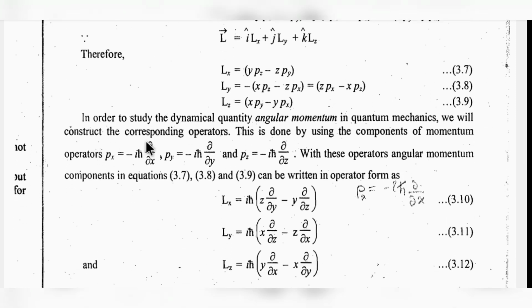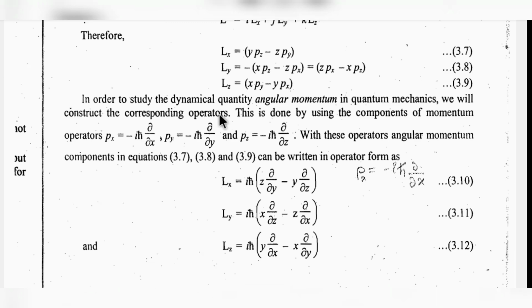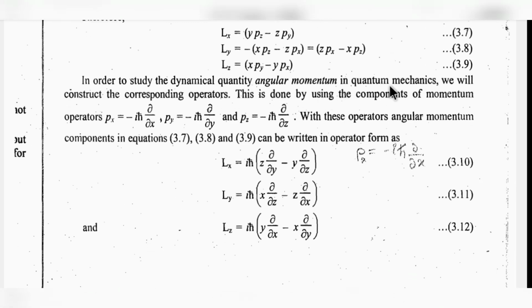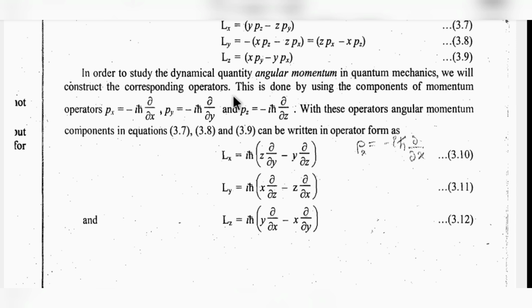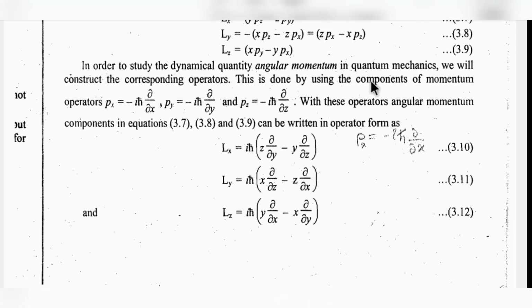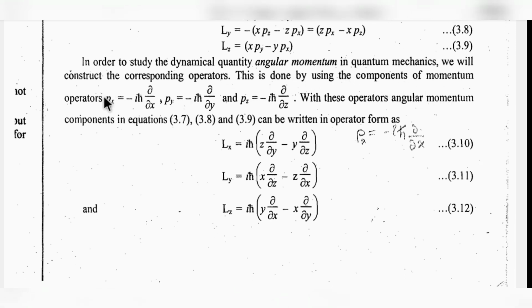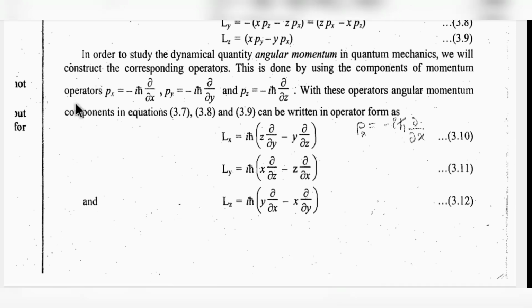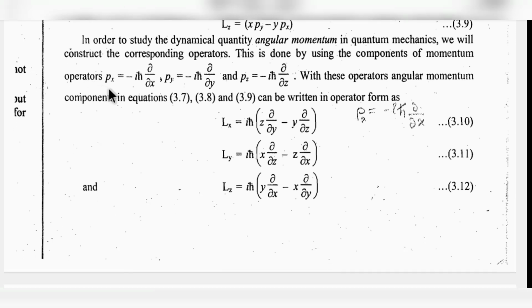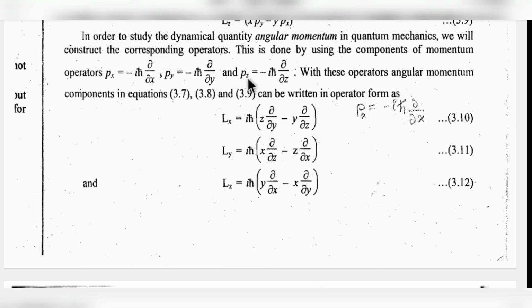In order to study the dynamical quantity angular momentum in quantum mechanics, we will construct the corresponding operators. This is done by using the components of momentum operators along the x-axis, y-axis, and z-axis.